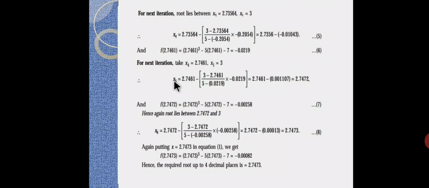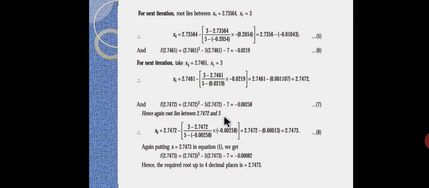We get the x5 value 2.7472 and also find the f of x5 value. We get f of x5 is equal to minus 0.00258, which is negative. So here at 2.7472 the value of f of x is negative. So here 2.7472 replaces the negative root 2.7461 for the next iteration.